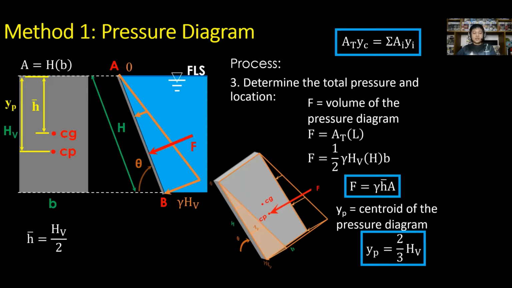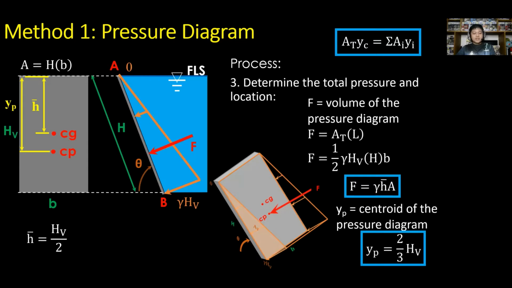So before we proceed, we have some notes. First, the pressure and force are always perpendicular to the submerged surface. Second, you can use the identified equation for F and Y sub P if it satisfies the following criteria. First, only one fluid.